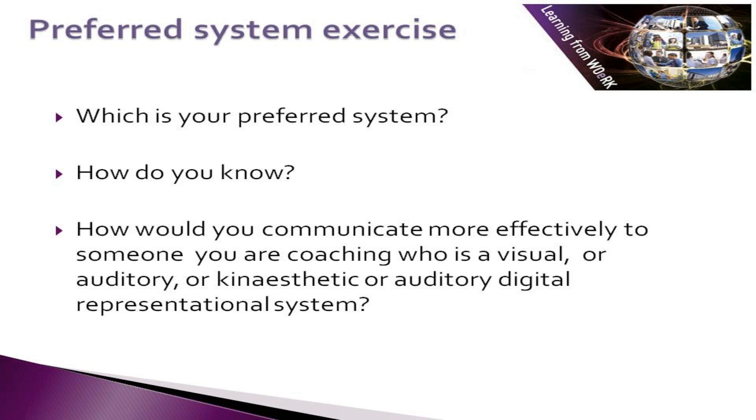And then you might like to jot down how you would change the way you communicate with someone if you wanted to do that in their preferred system. Firstly, if they were visual, then if they were auditory, then if they were kinesthetic, and lastly if they were auditory digital.